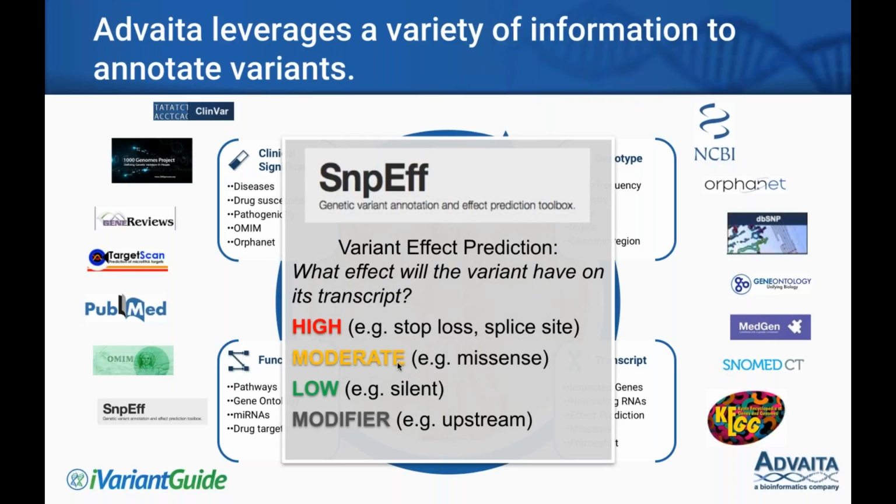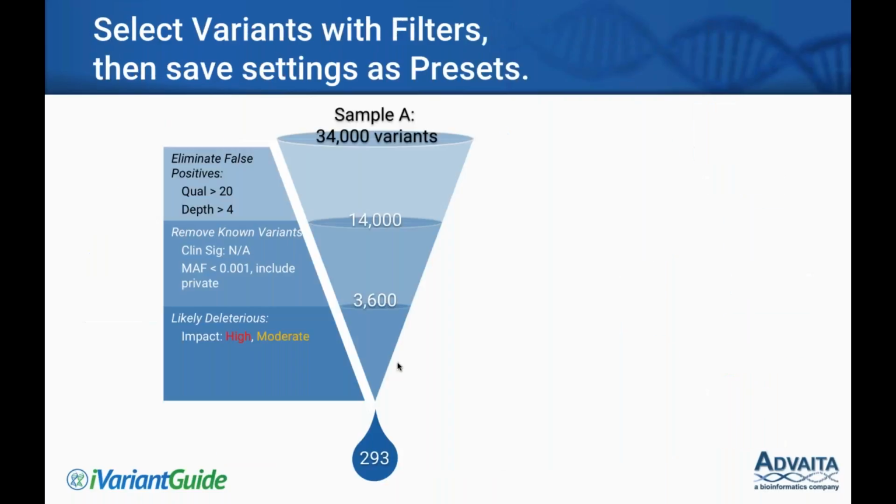So high impact variants have a much greater probability of causing problems at the transcript level than modifier impact variants. I want to point this out because it makes it very simple to identify variants that could be deleterious, and it makes it even easier to get straight to your high priority variants.